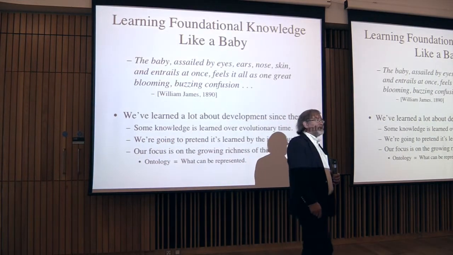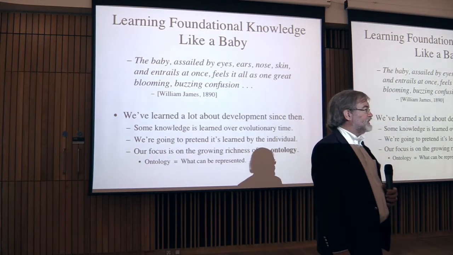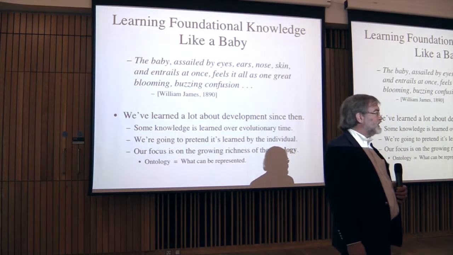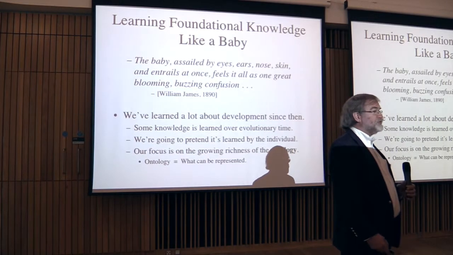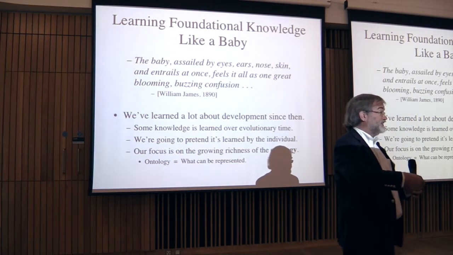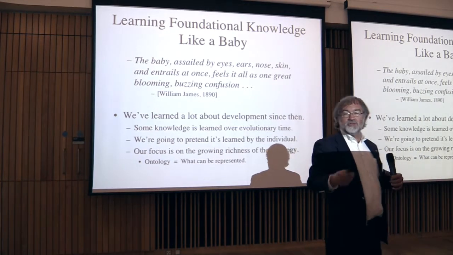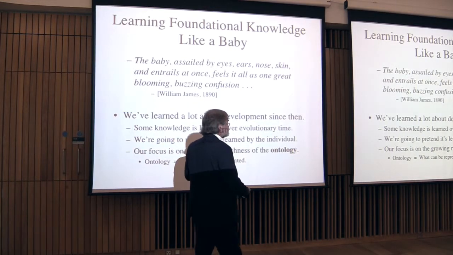Now, the baby probably doesn't do that. On the other hand, I say that there's nobody who understands blooming, buzzing confusion like a roboticist. Because blooming, buzzing confusion is what's coming down the wire. And you really have to figure out what's going on there. And so that's what we get to do as we build these models.